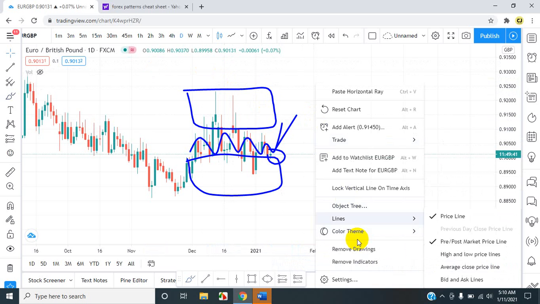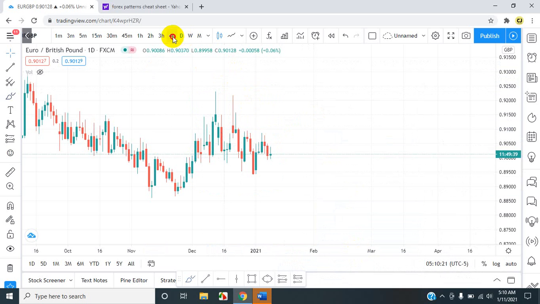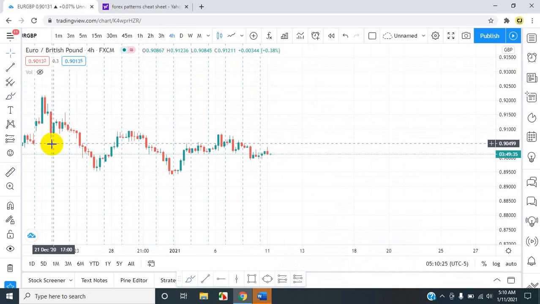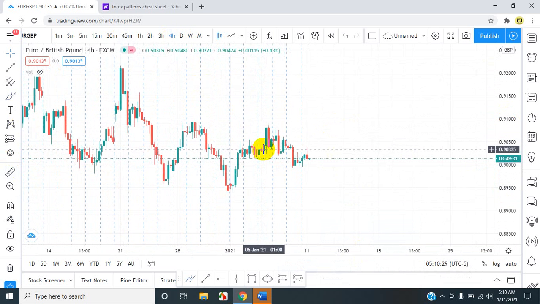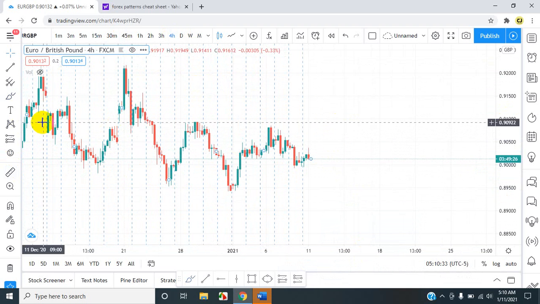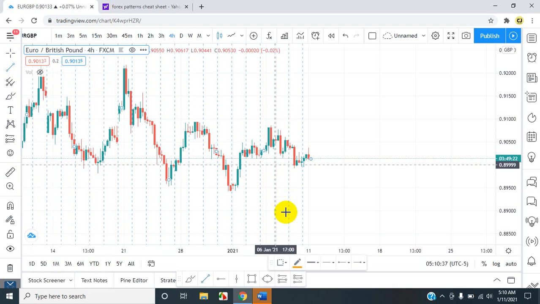Let me go back. Let's erase our screen. Let's see if I can go down to a lower time frame so we can see what the market's trying to do. Okay, so what we can see here in the 4-hour is, let's draw some stuff up real quick. We grab our trend line.